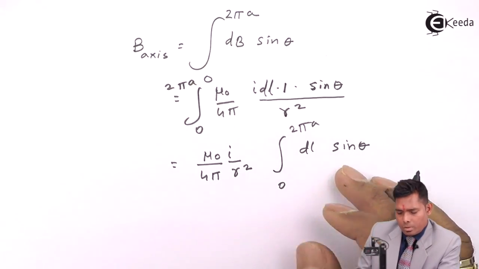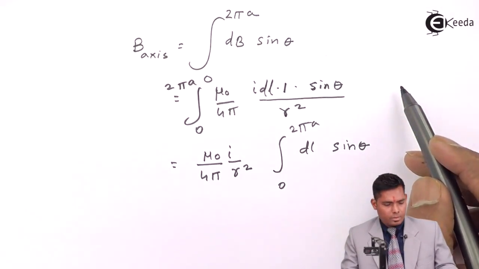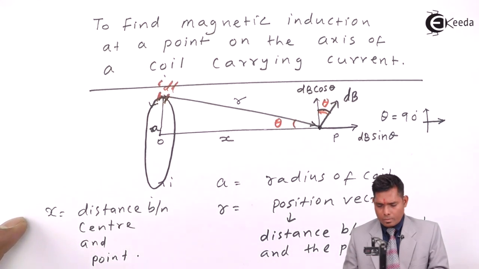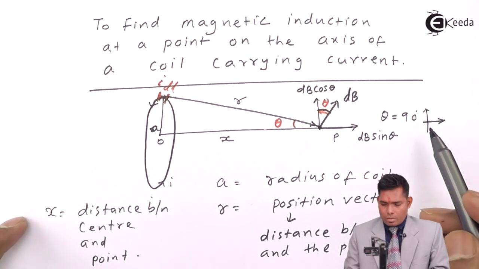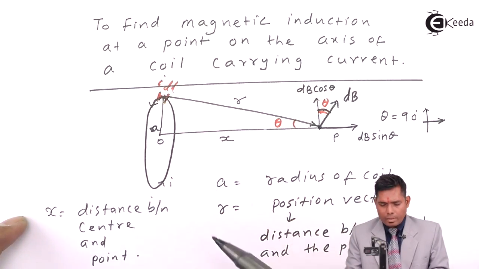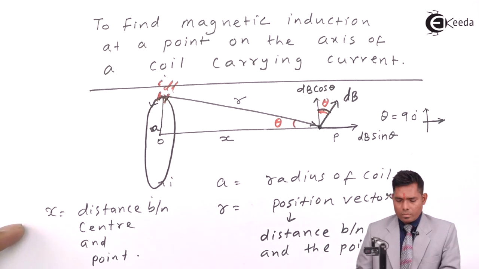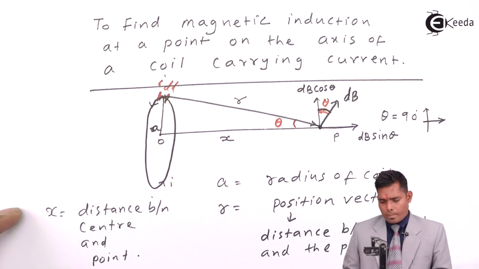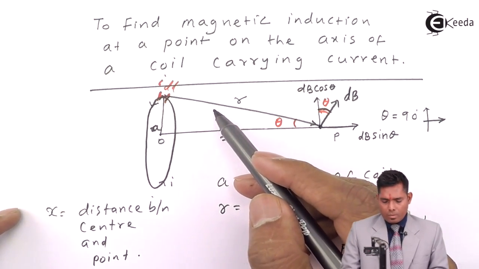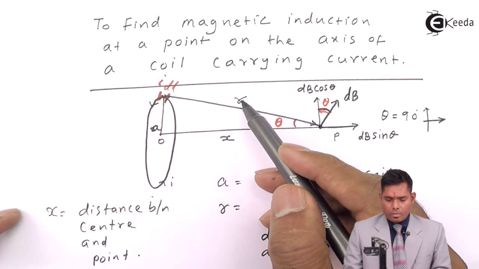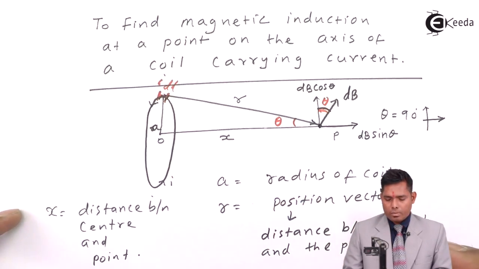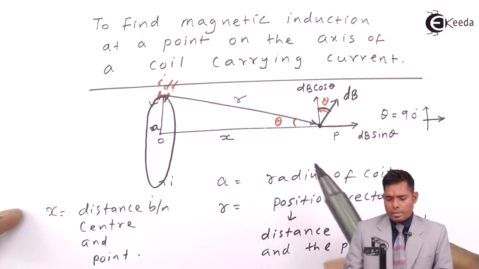If you look at the diagram that we have drawn earlier, if I take this right angle triangle, R square is A square plus X square.